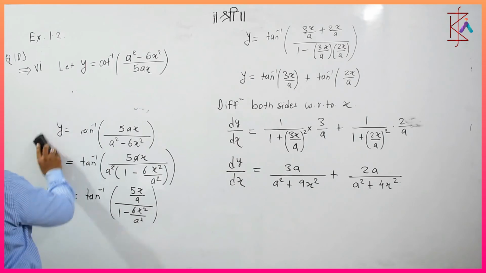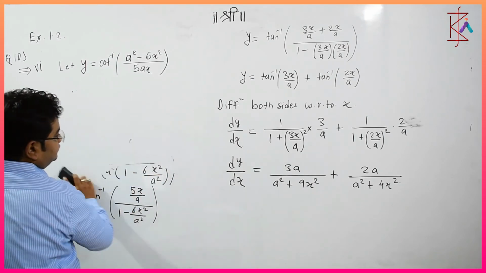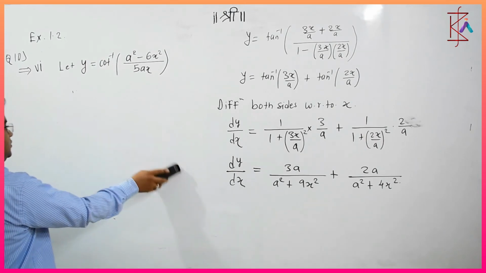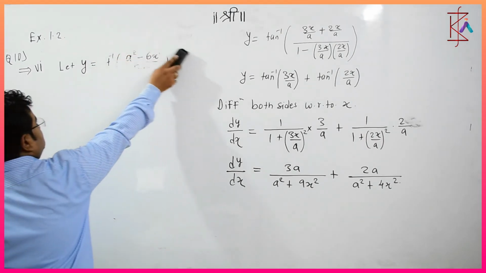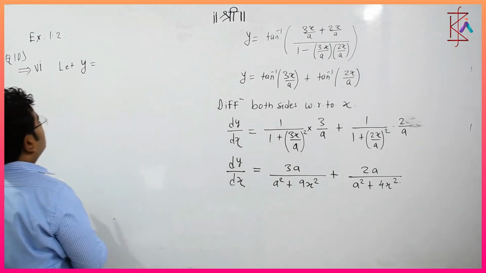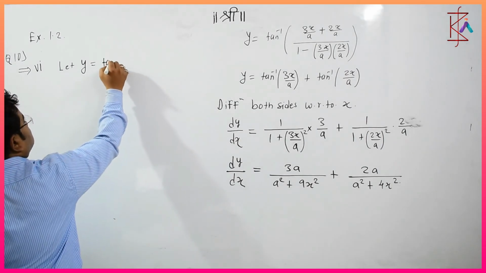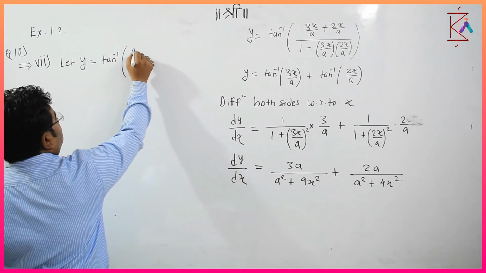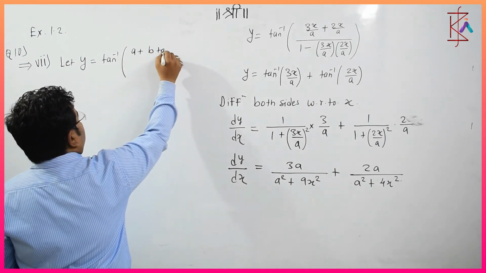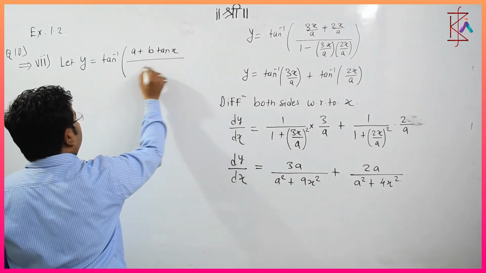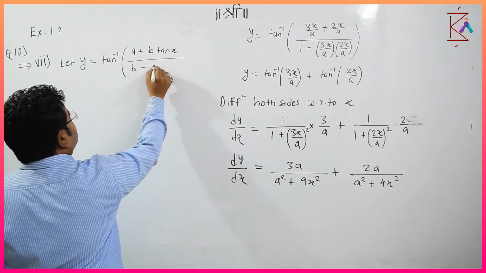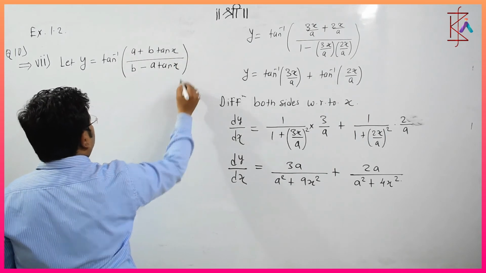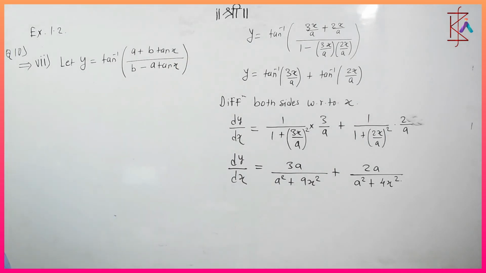Now let's move to the next question. These questions look easy, okay, good. These are the simple questions. So it is tan inverse of (a plus b tan x) divided by (b minus a tan x). Don't be afraid, this is a simple question.